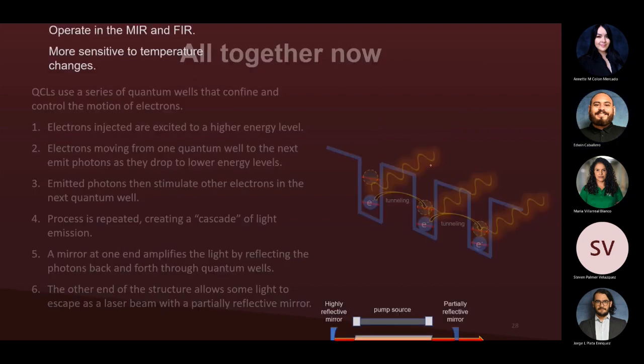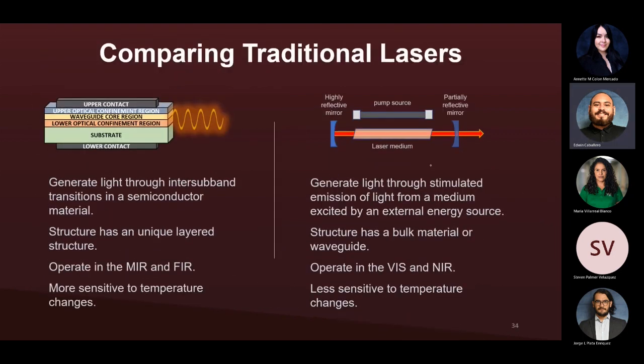When we compare normal lasers, the traditional lasers, with the quantum cascade lasers, the bigger difference is that a quantum cascade laser has a more specific phenomenon where it transitions between subbands, from one to the other, to generate the photons. However, there are also other differences.